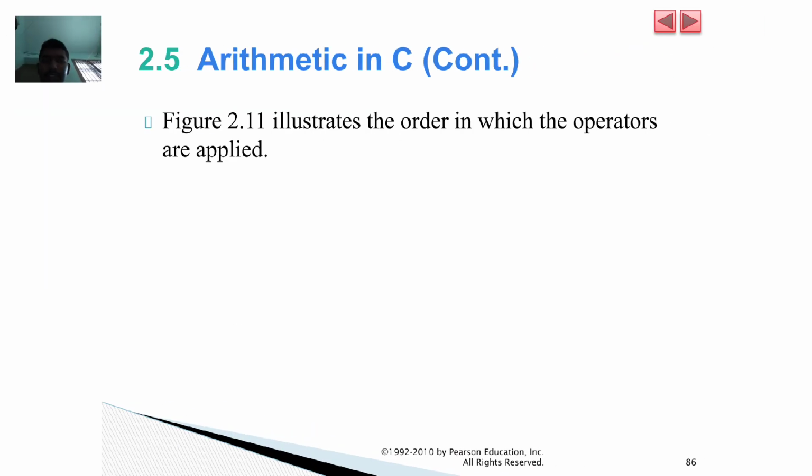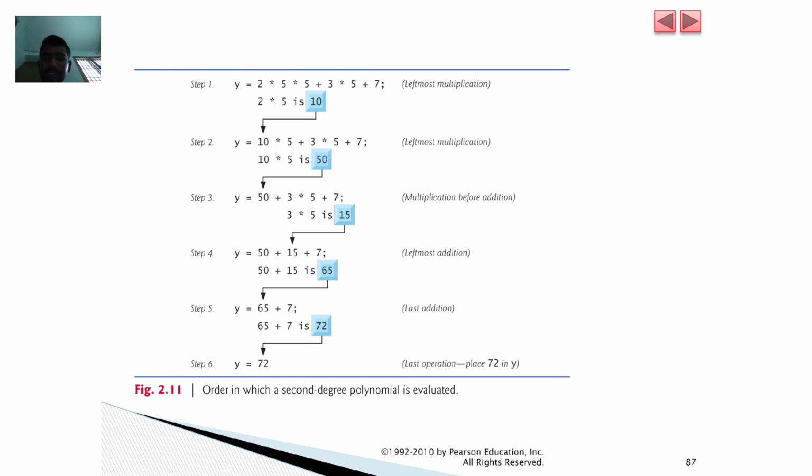The arithmetic in the previous figure you have seen. Yeah, this is the leftmost multiplication. Here what we are doing: 2 into 5, first multiplication, no? First we are going to multiply. 5 into 2 is 10, the 10 will be replaced here.